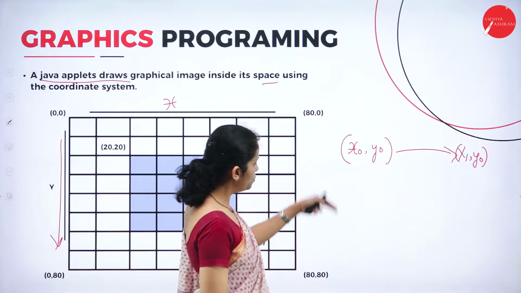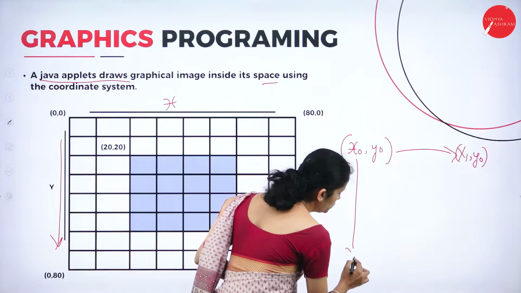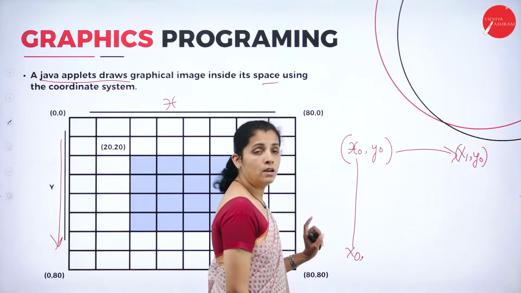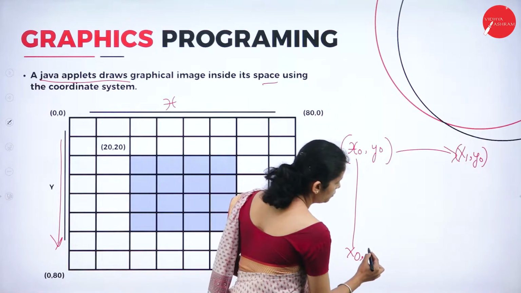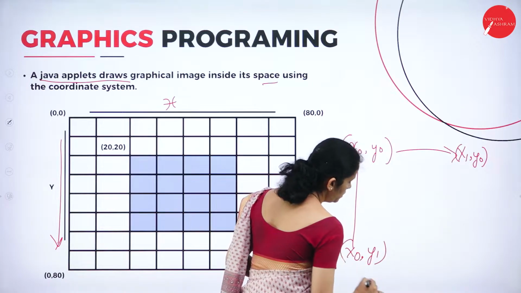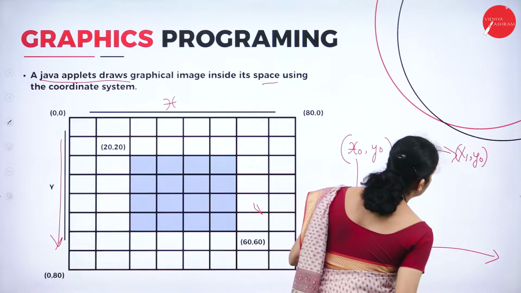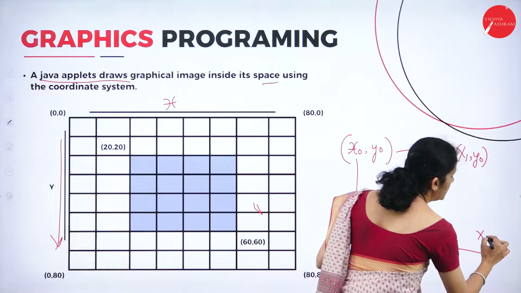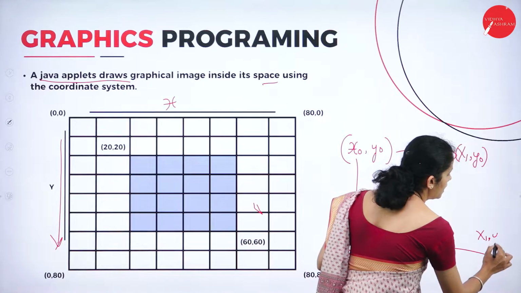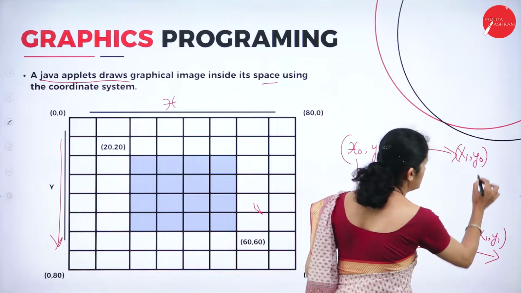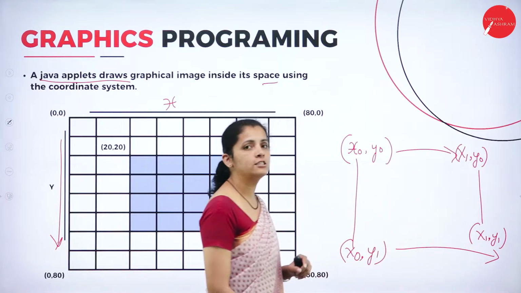And if I want to move this way, I'm going to keep the x-axis as it is and increase the y-axis, and if I want to move like this, then I'm going to increase the x-axis as well as the y-axis. So this is my coordinate system.